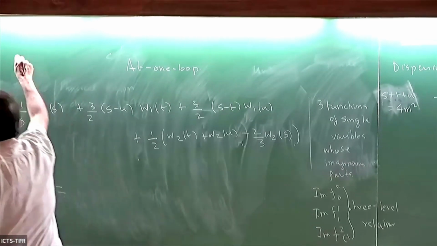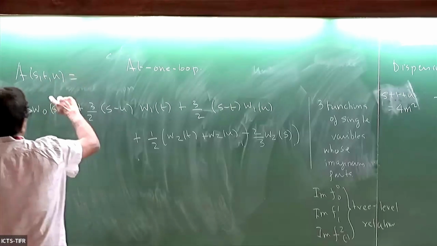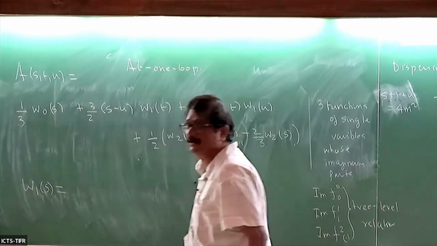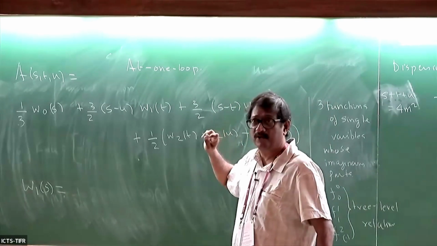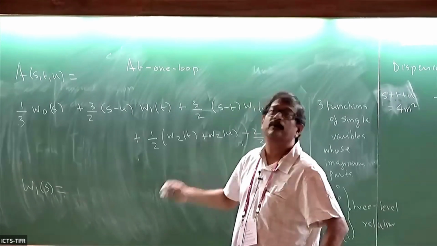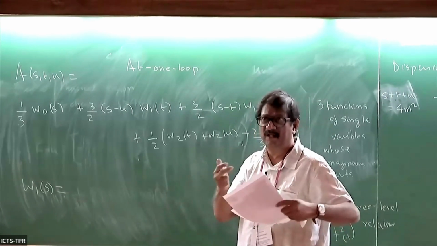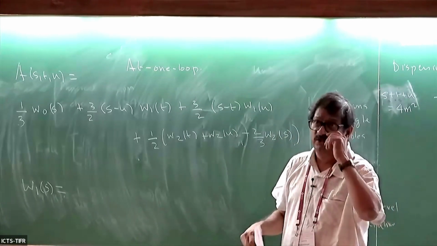So this is A(S,T,U). A(S,T,U) at one loop will necessarily have to have a structure like this, where we are retaining only S and P wave partial wave amplitudes, because that is what chiral perturbation theory is telling you, that up to one loop, it's only these partial waves which have imaginary parts.